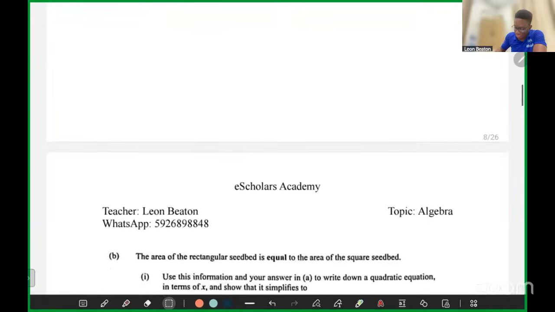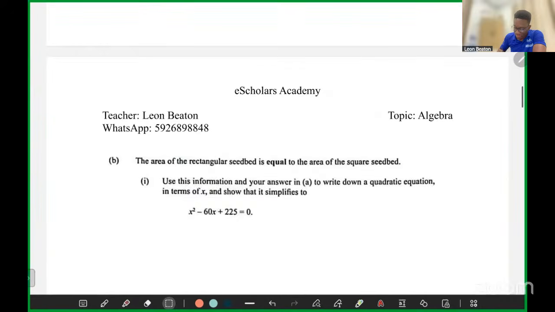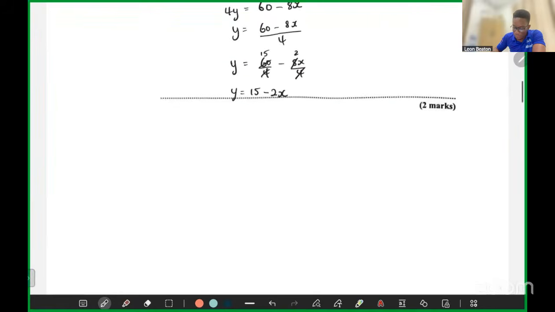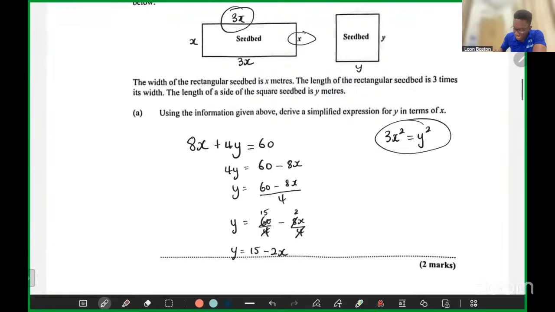Now they want us to use this information and your answer in A to write down the quadratic equation in terms of x to show that it simplifies to this. So we basically want to use this information so that we can arrive at that quadratic at the bottom.